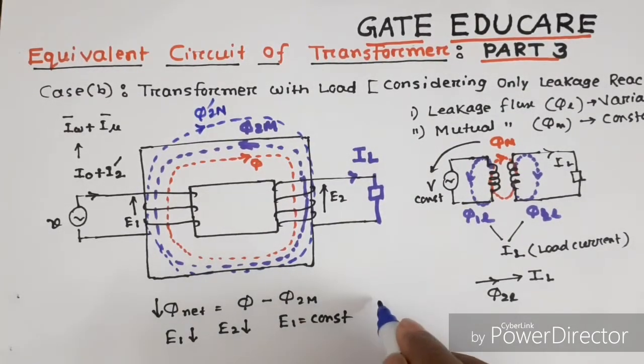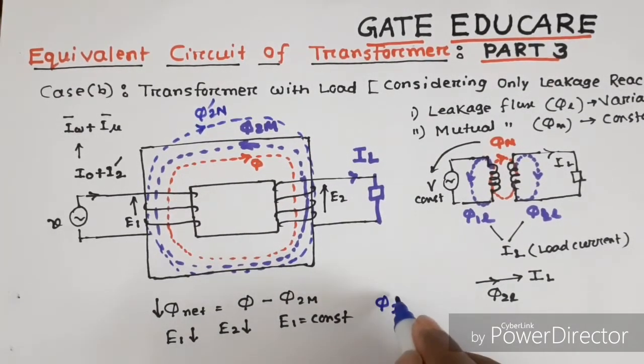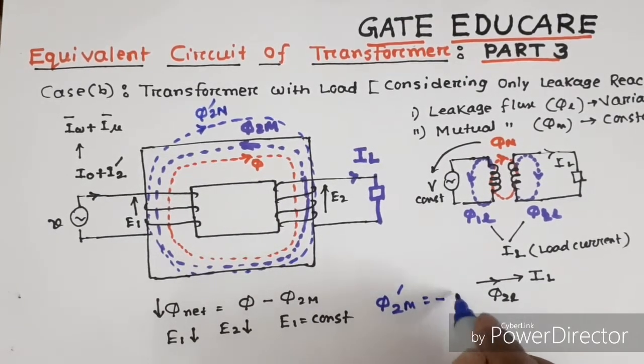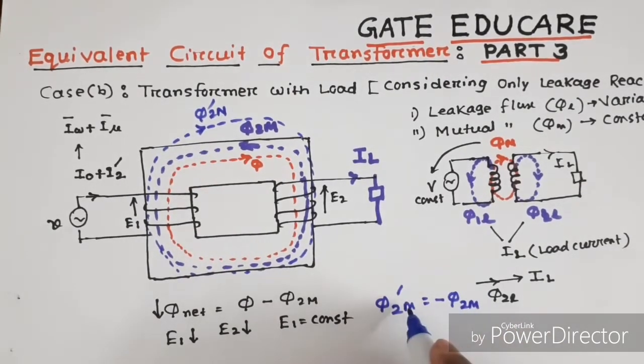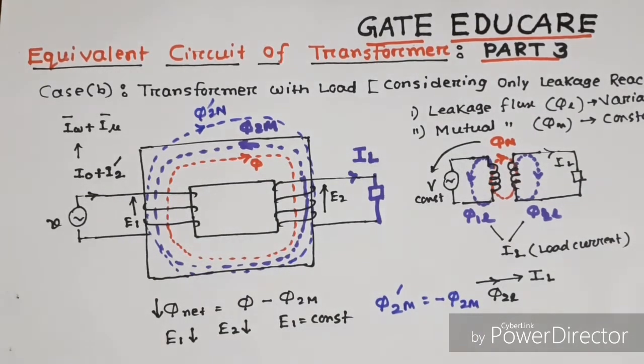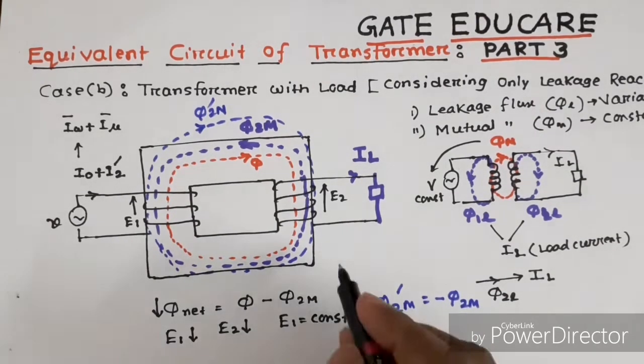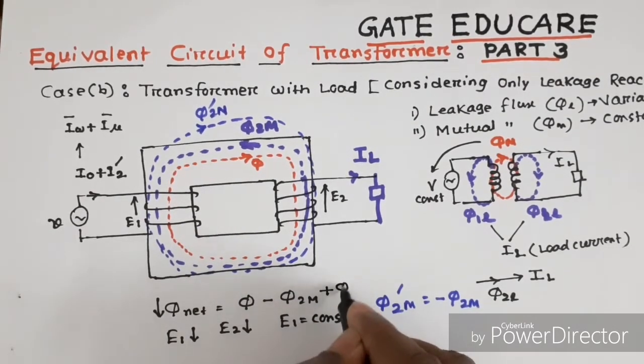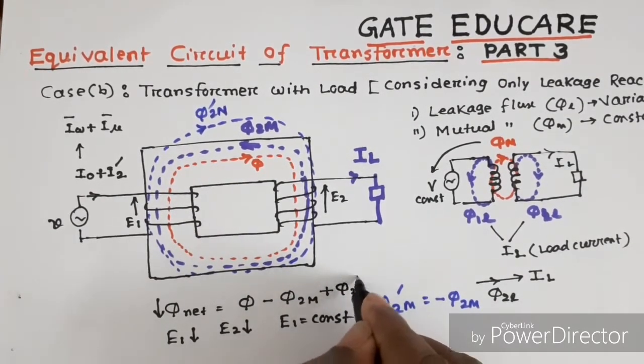Now here phi 2m dash will be minus of phi 2m. Magnitude is the same but the direction is opposite. Therefore, the net flux becomes phi minus phi 2m plus phi 2m dash.